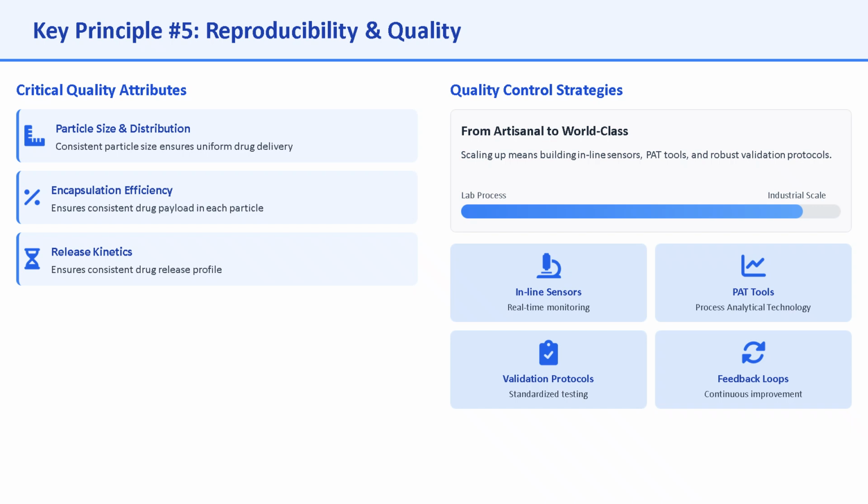And once we stabilize formulation, we shift focus to reproducibility and quality. That means implementing inline sensors, PAT tools, validation protocols, and continuous feedback loops. That's how you turn an artisanal lab recipe into a world-class industrial process.